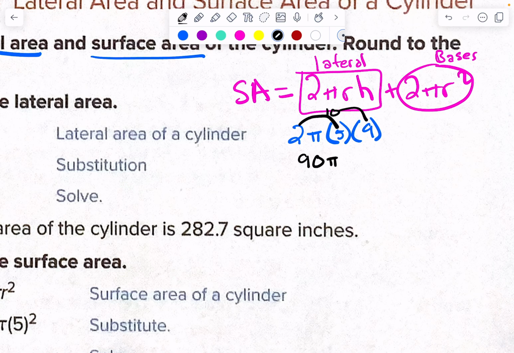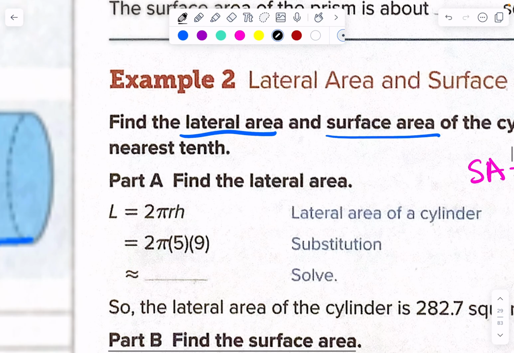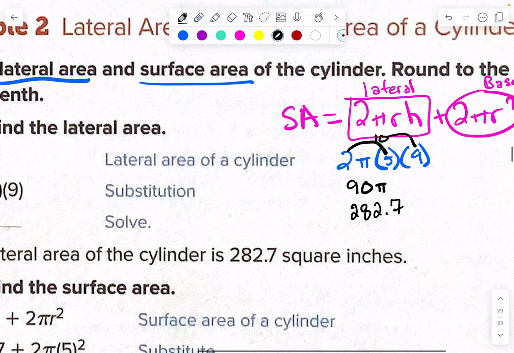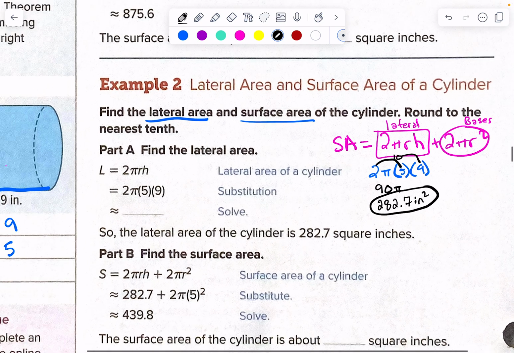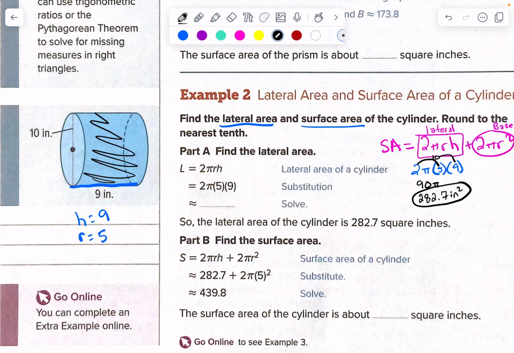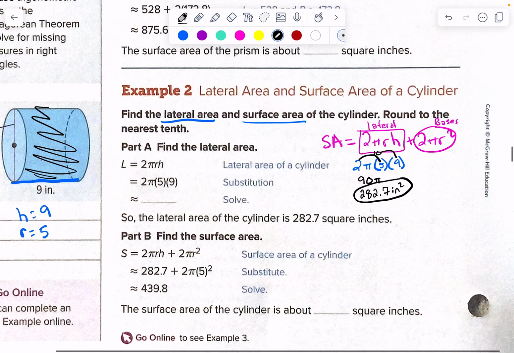Okay, and I get, for the lateral surface area, 282.7, and that will be in inches, and it's still area, even if it's lateral, so inches squared. So that's how many inches squared are around, like my soup label is covering 282.7.